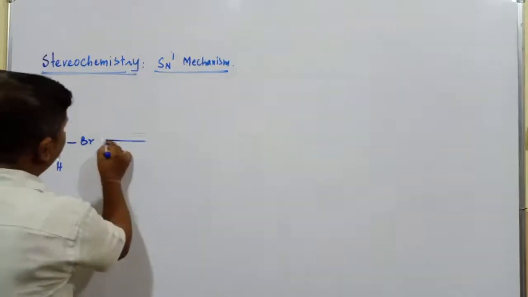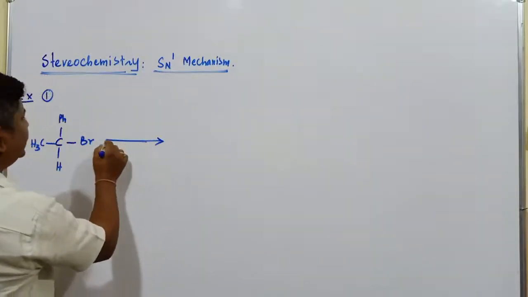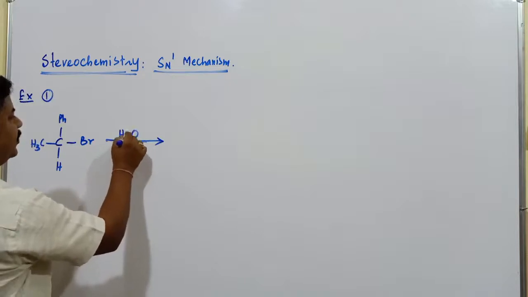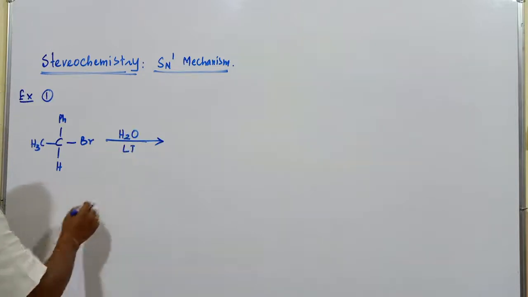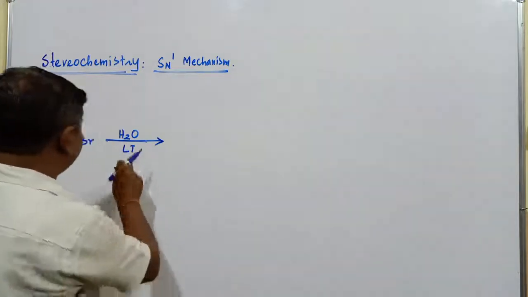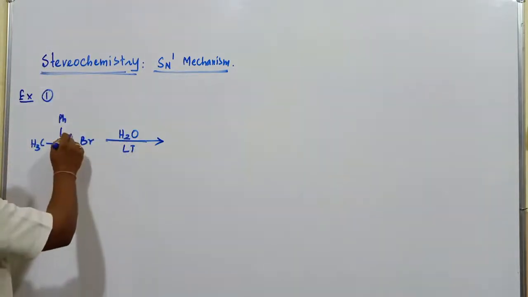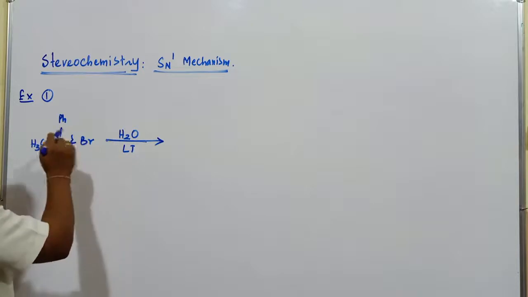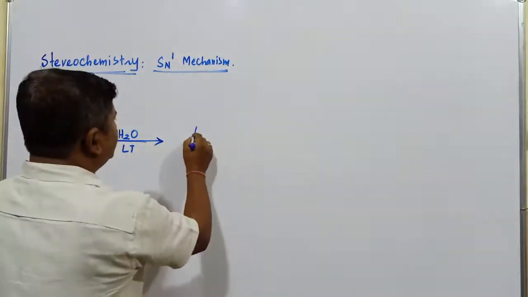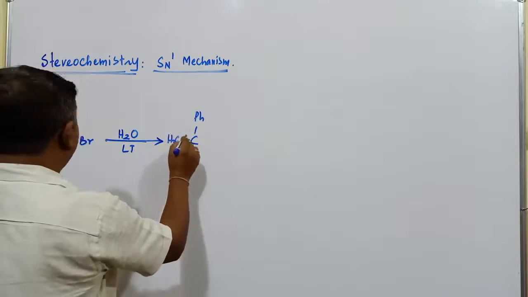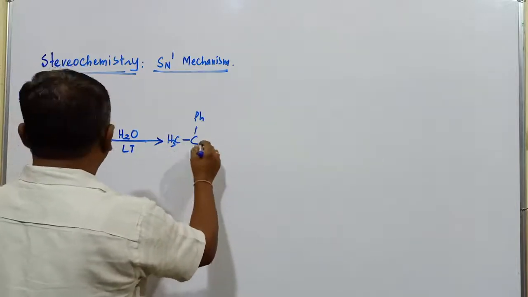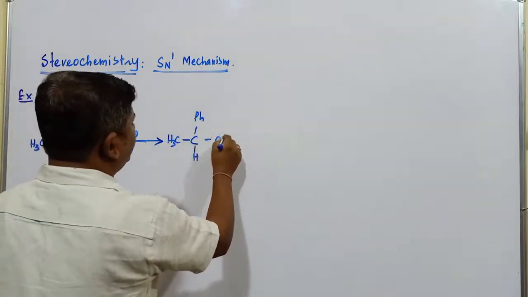Whenever this substance undergoes hydrolysis, at low temperature, the OH minus ion replaces the bromide. It is a substitution reaction. This bond is cleaved and OH minus attacks. So we have the phenyl group, the CH3, the H, and usually the OH.